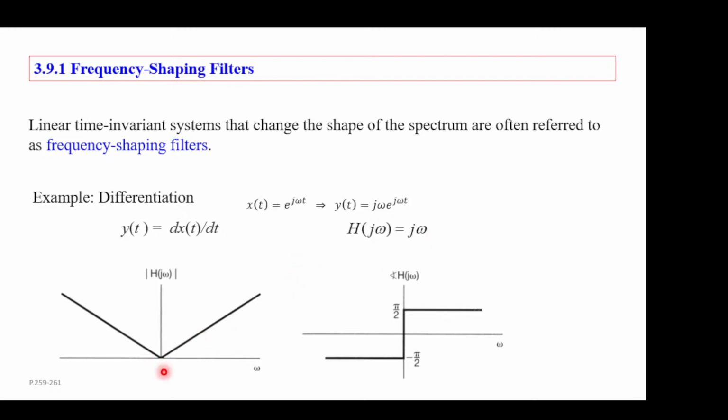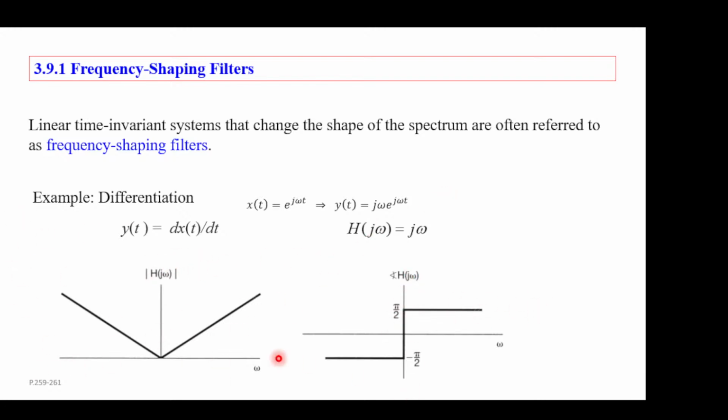When omega equals 0, your big H has amplitude 0. So at a very low frequency, the signal gets multiplied by something very small and disappears. But if your frequency gets higher and higher, your big H gets larger and larger, right?